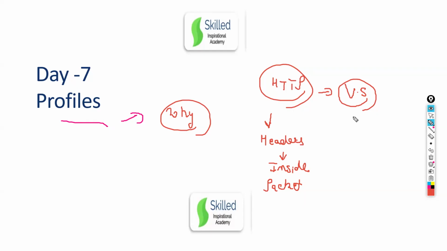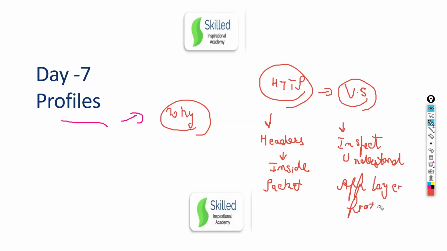So the profile will provide the intelligence required for the virtual server to inspect and understand the application layer protocol, because F5 is a full proxy architecture. So it can modify, manipulate, and inspect both sides of the traffic.